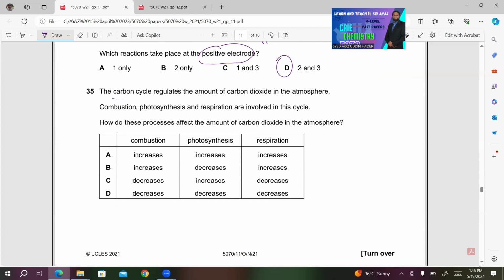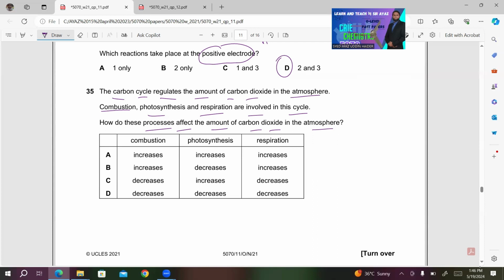Moving to the next question, the carbon cycle regulates the amount of carbon dioxide in the atmosphere. Combustion, photosynthesis, and respiration are involved in the cycle. How do these processes affect the amount of carbon dioxide in the atmosphere? You see, combustion and respiration both increase the amount of carbon dioxide, while photosynthesis decreases the amount of carbon dioxide.